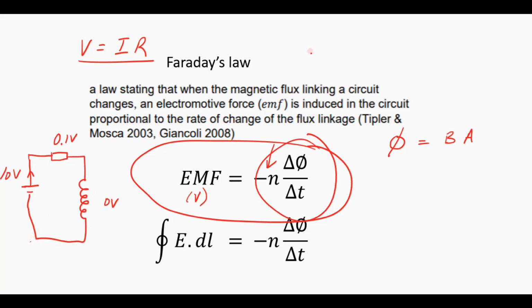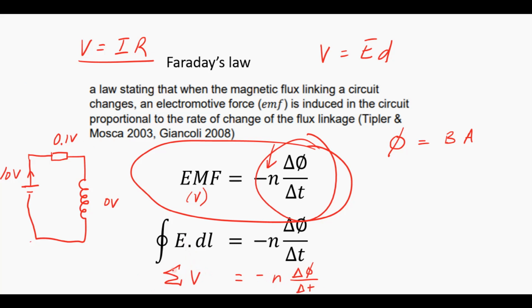So if we look at that, that relates to this formula, voltage equals electric field times distance. So these are the voltages. So another way of saying it when this comes to a circuit, we can simplify this integral to the sum of all the voltages equals that.